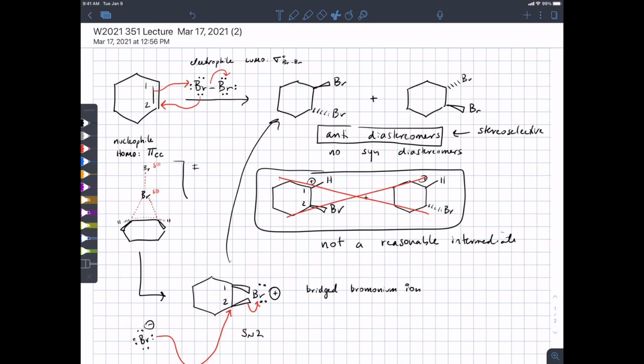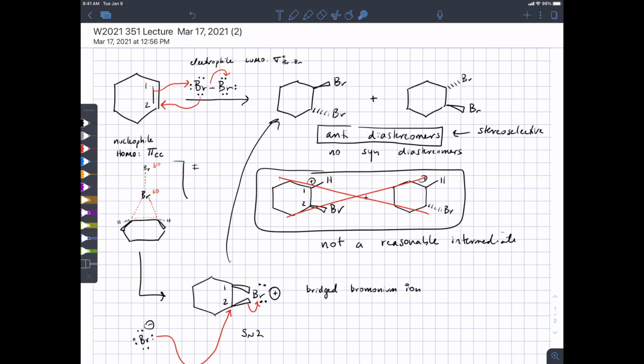All right. So last time we were talking about bromination, and this is one example of halogenation of alkenes. You can do this reaction with chlorine with exactly the same stereoselectivity.